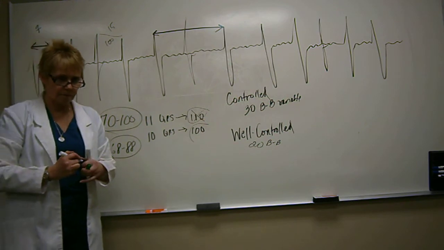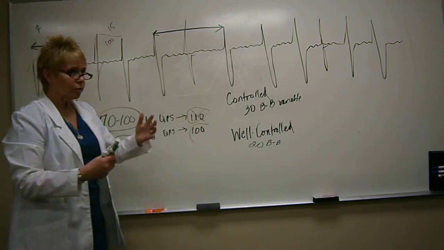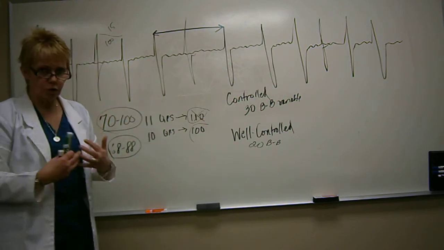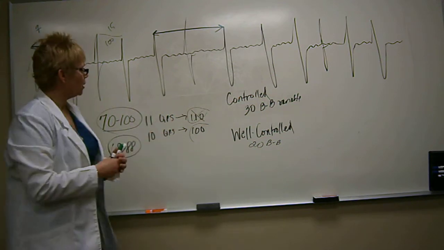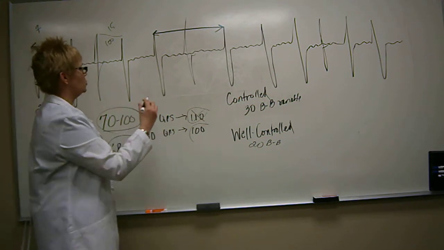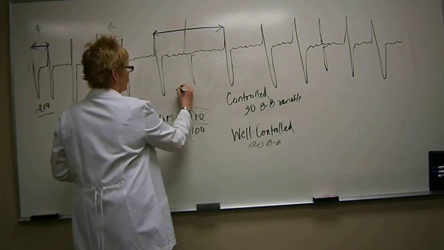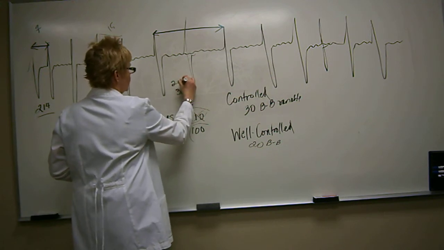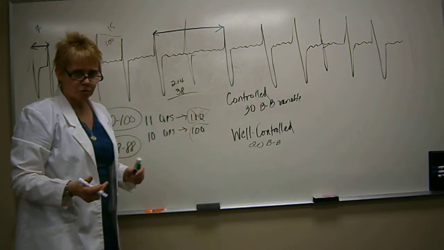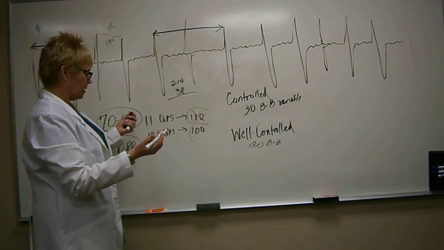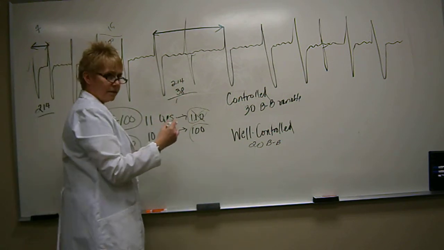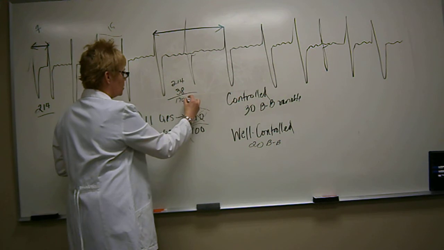If you think about your own family member or yourself, do you want your heart rate to be at a range of, what did I say before, 38 to 214? Yeah, 38 to 214, that is 170, 180 beats variability. So it's plus 170.